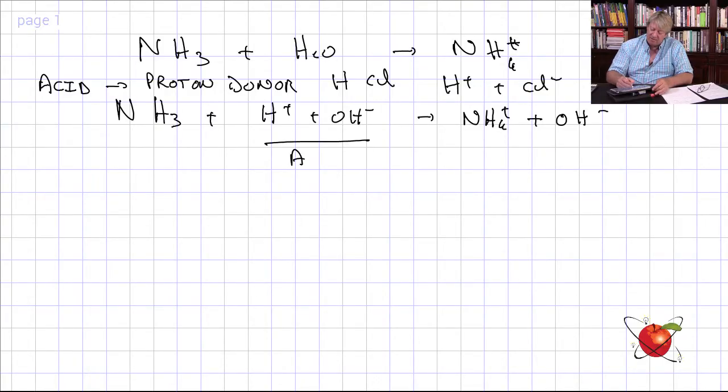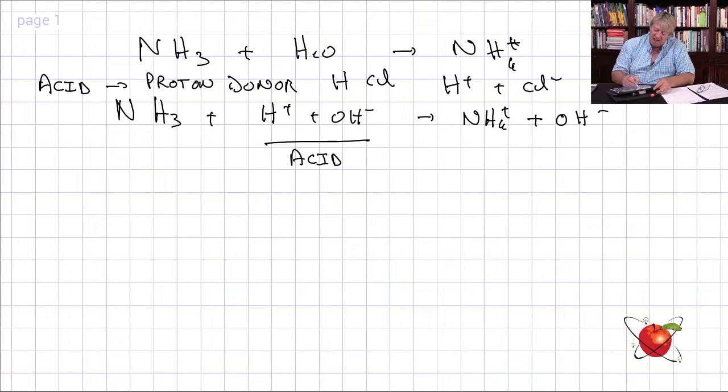All right. So, what happened here then? Well, we said the one that donated the proton was the acid, which means that the water must have been our acid, correct? Therefore, we know the one that got it is the base. The water donated the proton, and over here we've got our base, because it received the proton, didn't it?